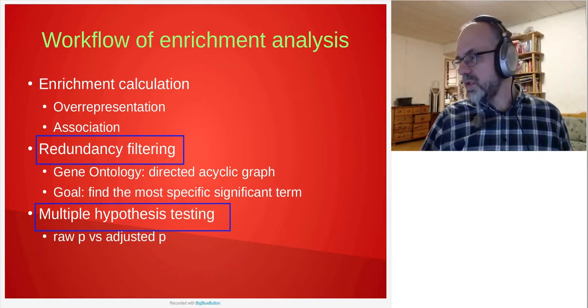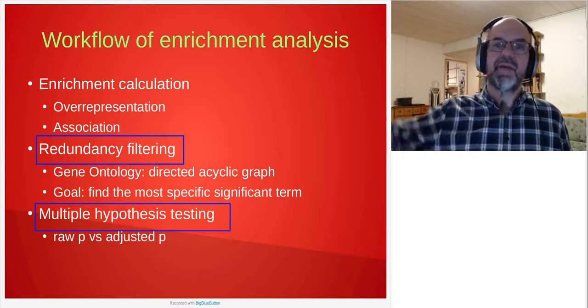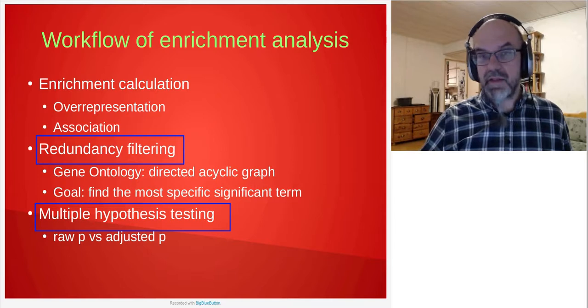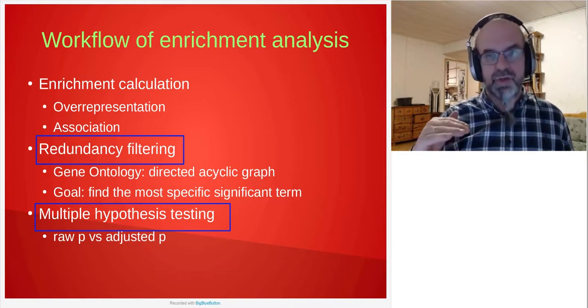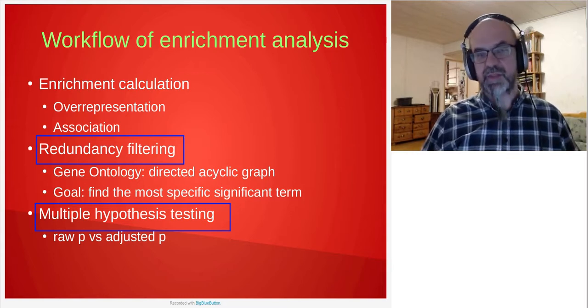p-values. So in practice, when we are doing this, we have a long list of annotation terms. Sometimes all the terms on the ontology list, or list of gene ontologies, meaning hundreds and thousands of gene expression terms.